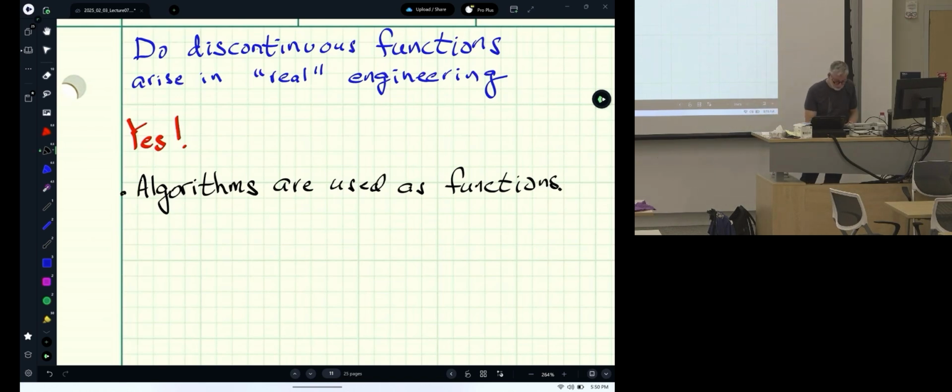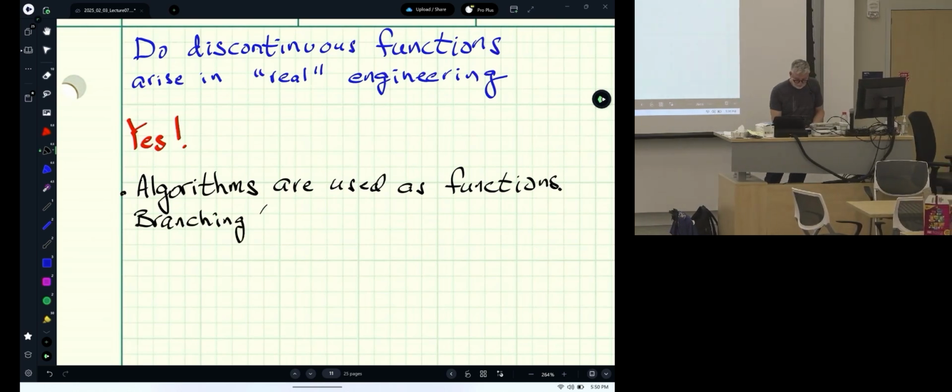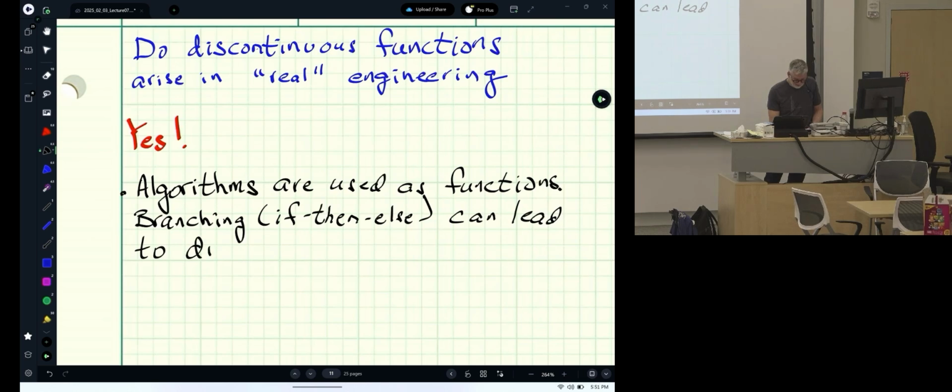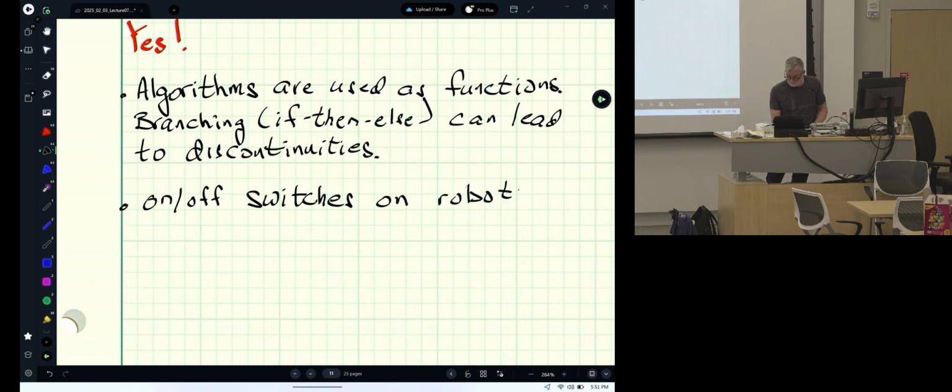So algorithms are functions, branching, which is what I just described there, can lead to discontinuities. So robots can cause jumps.